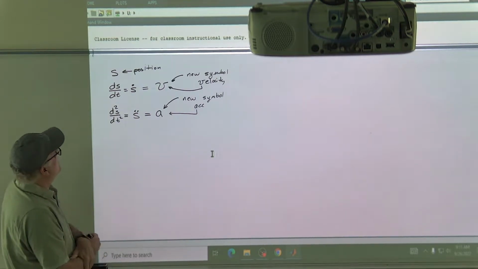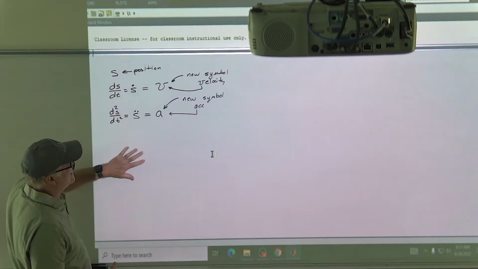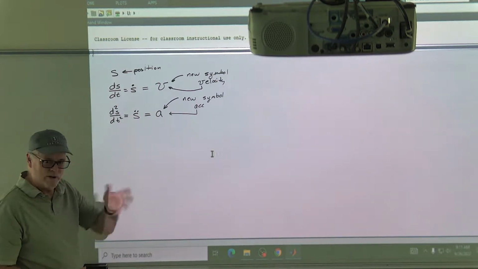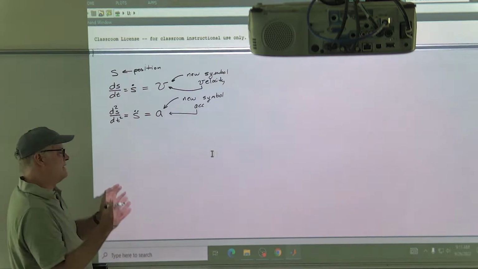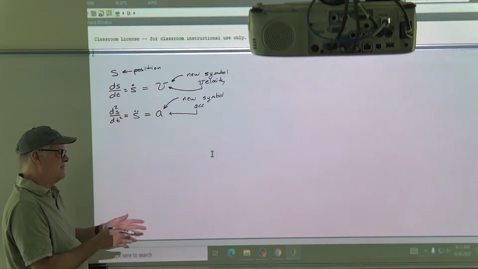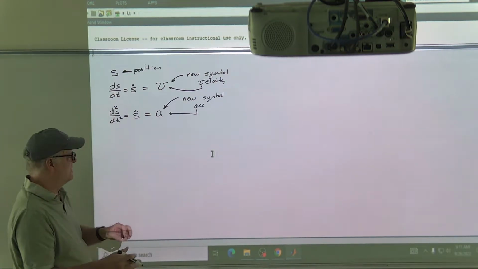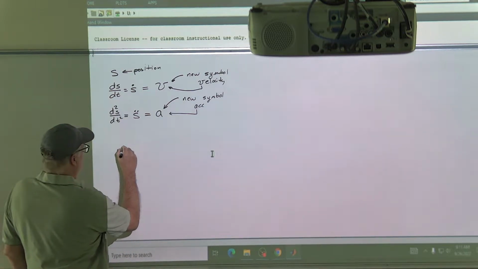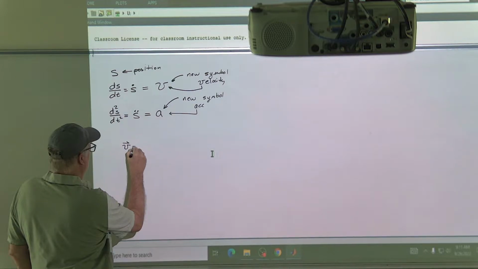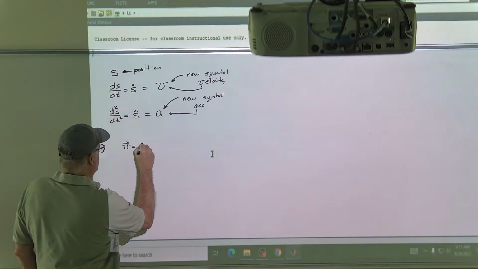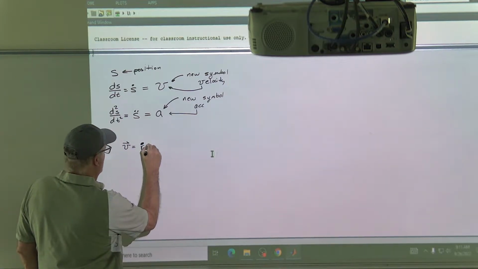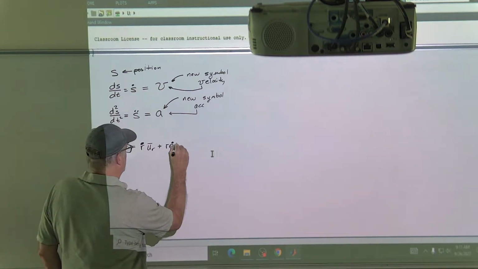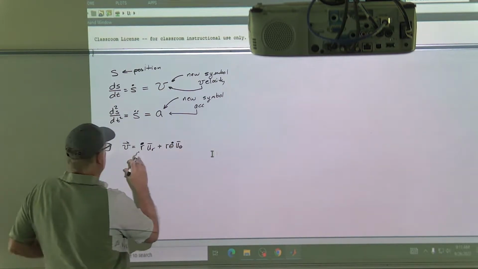Now, what happens when you get into 16? He immediately starts to go into rotating equipment. That's the reason, although there was an asterisk on that section in chapter 12, that I do that one. If you look, the velocity back there is r dot u_r plus r theta dot u_theta, and so on and so forth.